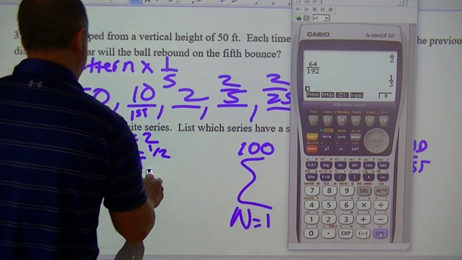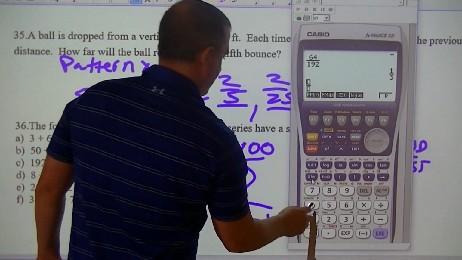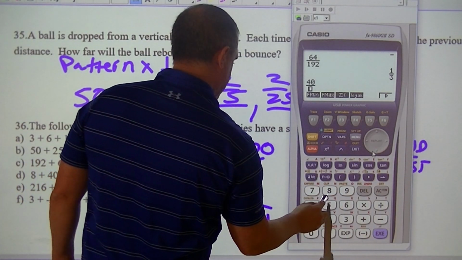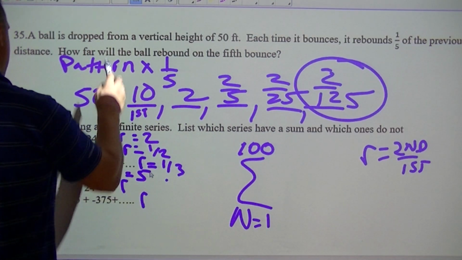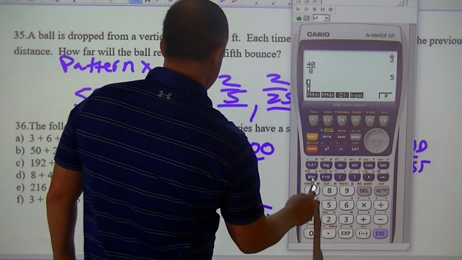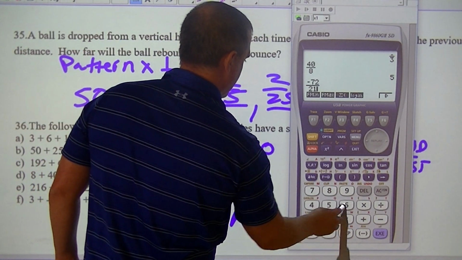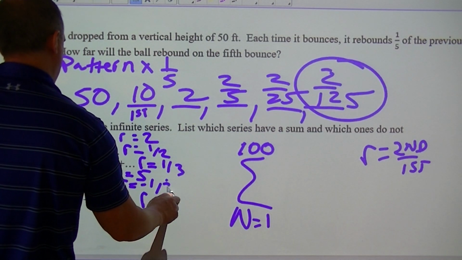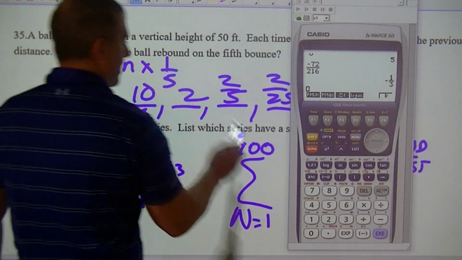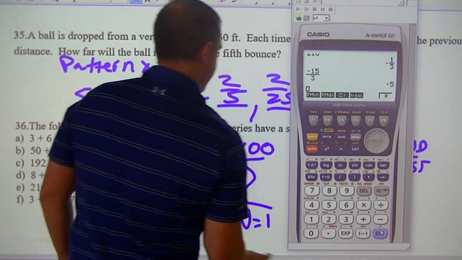This rate would be 1/3. 40 over 8 would be 5. Okay, negative 72 over 216 is negative 1/3. And then negative 15 over 3 is negative 5.